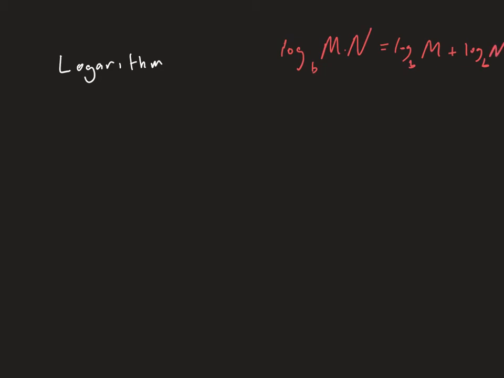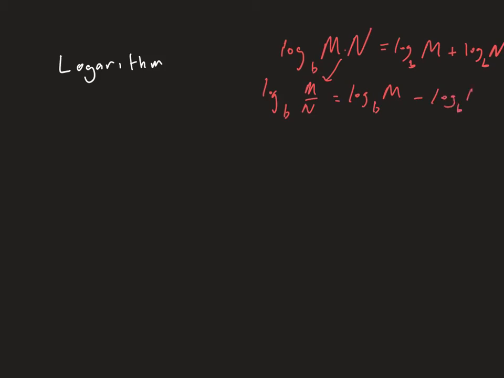So the addition of two separate logs. Well, this is the opposite. This is just log base b of m divided by n equals log base b of m minus log base b of n. And some of you can guess, the opposite of multiplication is division. So the opposite of addition, subtraction.